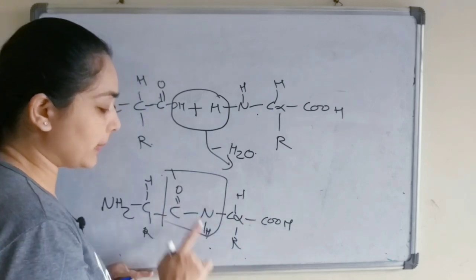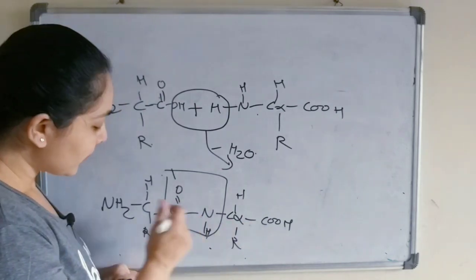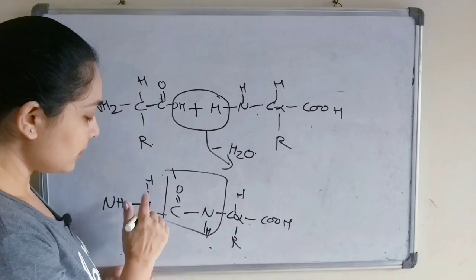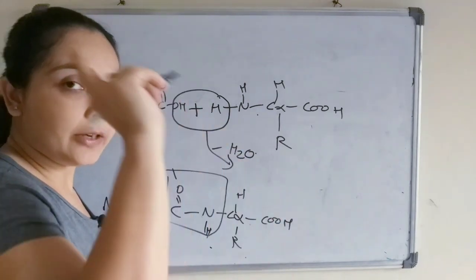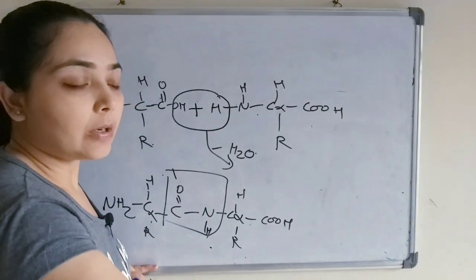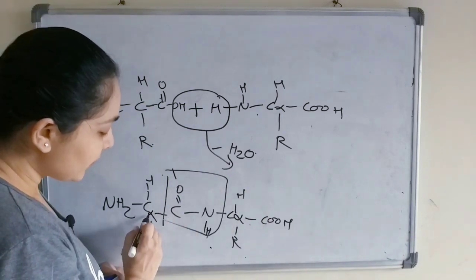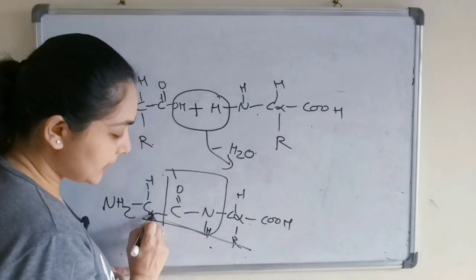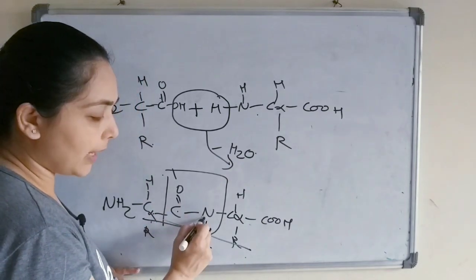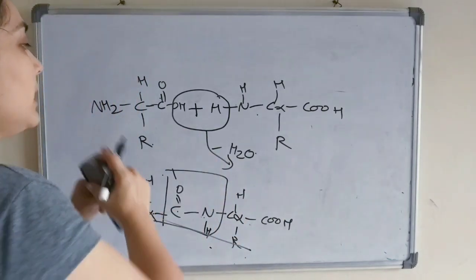So this is peptide bond, CONH. So if you want to write, and you will find it when we discuss the Ramachandran plots, we can denote it as C alpha, CONH, and again C alpha.